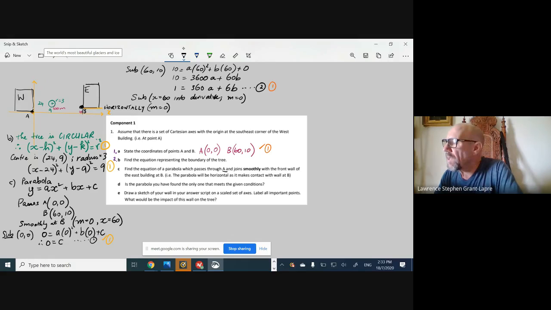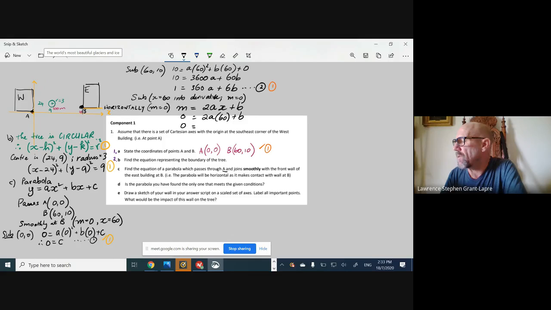So the derivative will be 0 equals 2ax plus b. Actually, I'll just put here, that's what the gradient equals, because it's the derivative. Or you could put y dash. So 0 equals 2a times 60 plus b. Therefore, 0 equals 120a plus b.